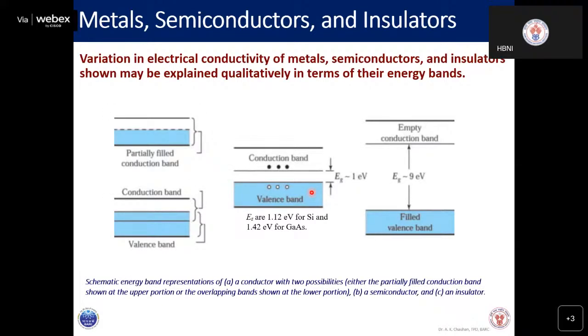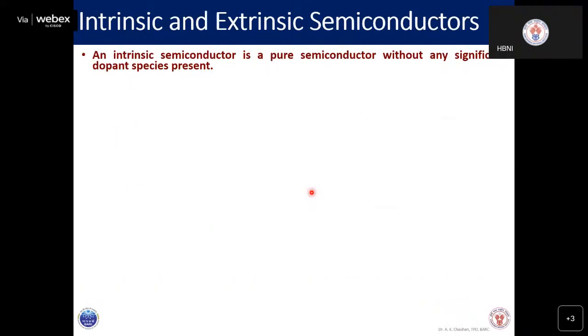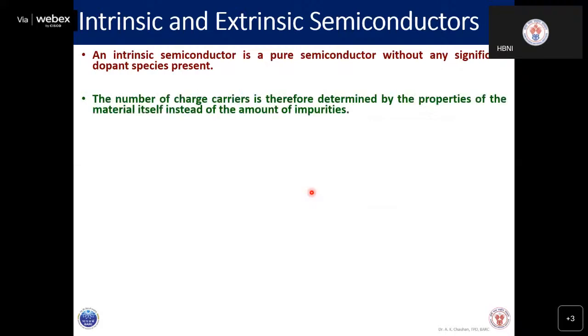Now let us see the intrinsic semiconductor. An intrinsic semiconductor is a pure semiconductor. When nothing is added to the semiconductor material, such as pure silicon, pure germanium, or pure gallium arsenide, it is called a pure intrinsic semiconductor. The number of charge carriers in an intrinsic semiconductor is determined by the properties of the material itself, not by the amount of impurities, because there is no impurity.